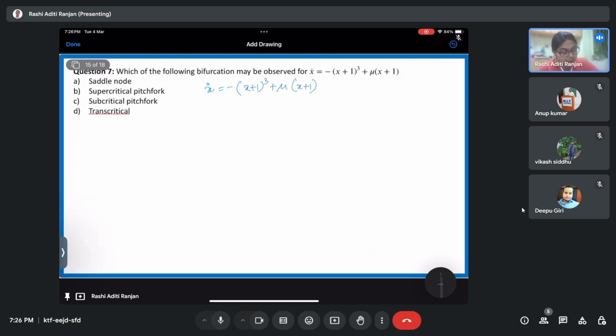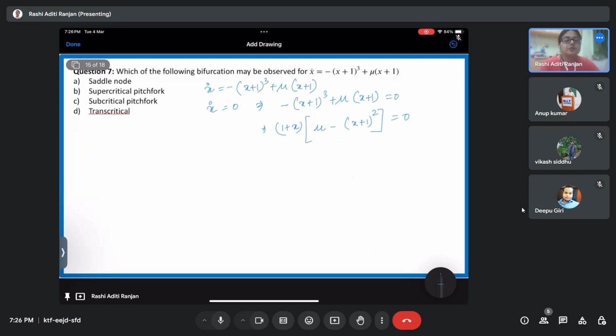For finding the fixed points, we'll put x dot equals 0, which implies mu minus... correct? This is what it is going to be.